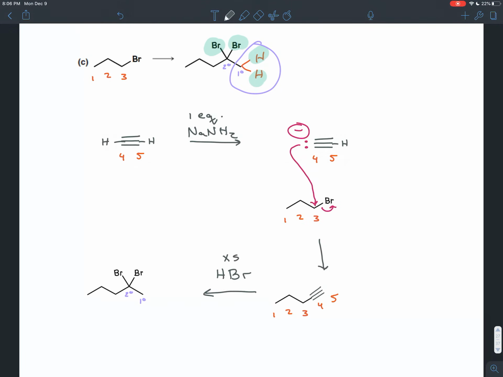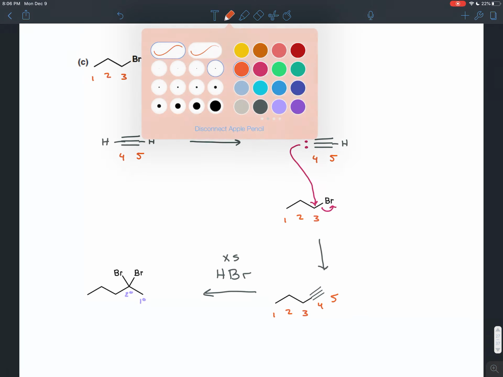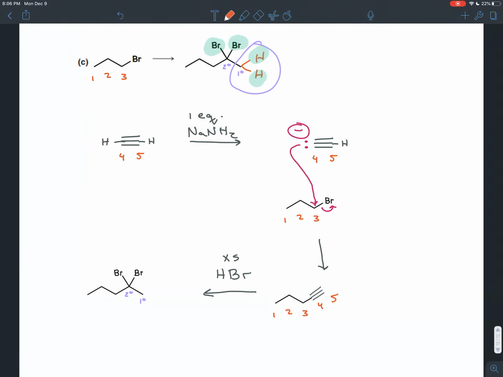So overall, to make this transformation happen, we saw that the number of carbons increased as we went from the left to the right in the synthesis. So we knew we had to use a terminal alkyne. We used a terminal alkyne that had the same number of carbons as the number of carbons that we needed to add, 2. We treated it with 1 equivalent of sodium amide, and that turned it into a nucleophile.